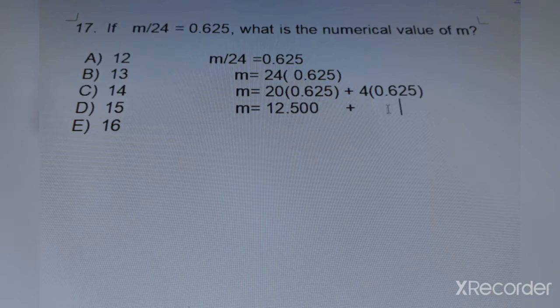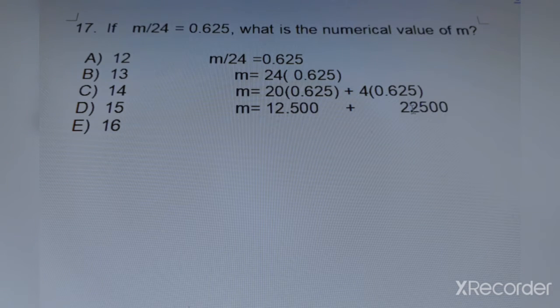Okay, 4 times 5 is 20. So 4 times 2 is 8 plus 2 is 10. Then 4 times 6 is 24 plus 1 is 25. So count the decimal place of your 0.625 again. You have 3. So your decimal point is here between 2 and 5.